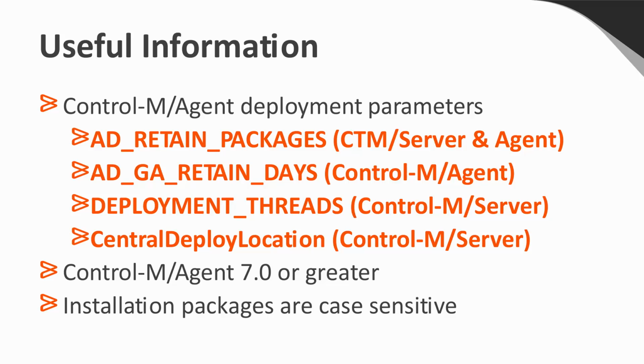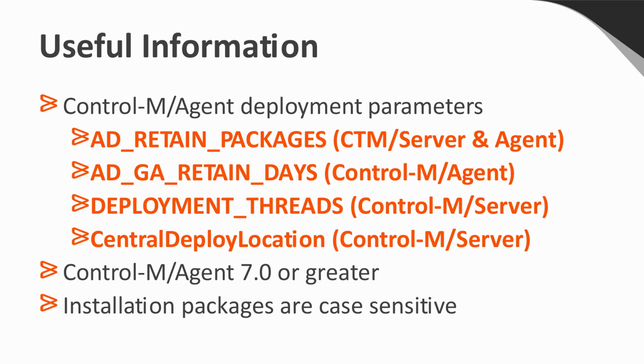We can change it if we need. The deployment_threads parameter. This is the system parameter that controls the number of agents that can be upgraded or downgraded in one activity. By default, it is set to 5, but it can be increased.